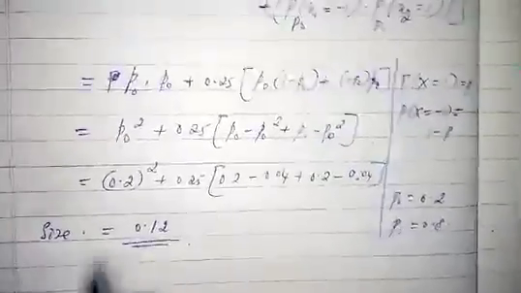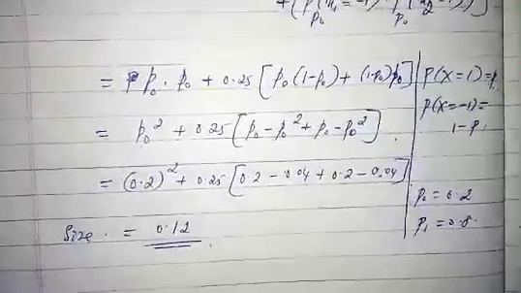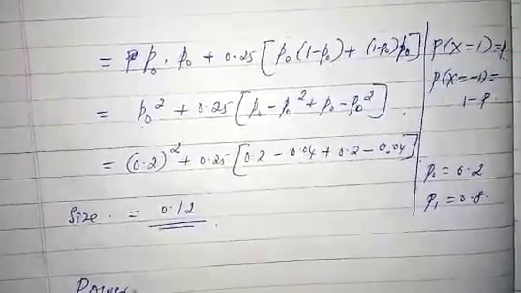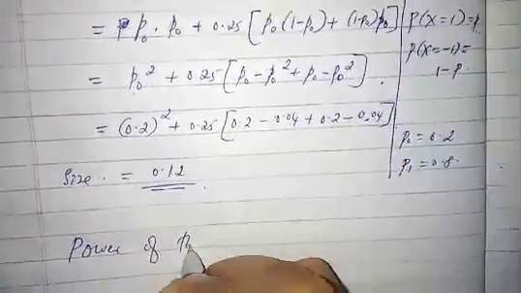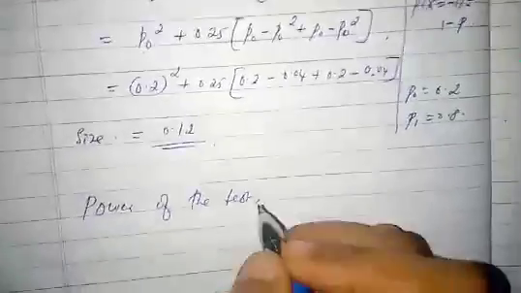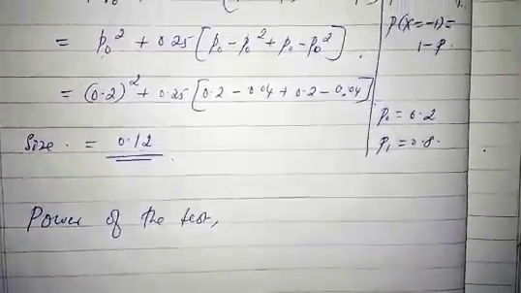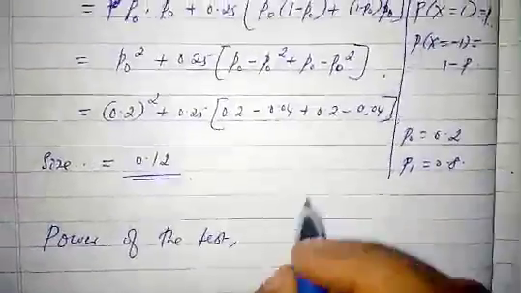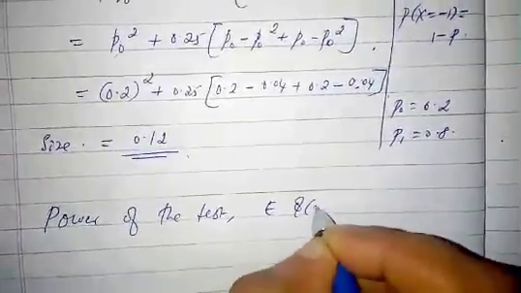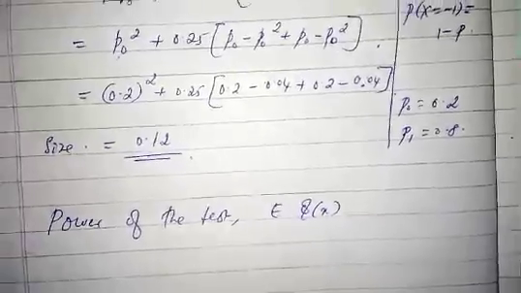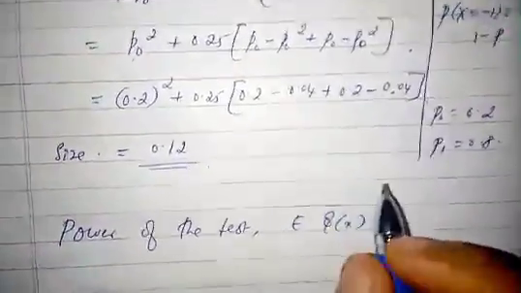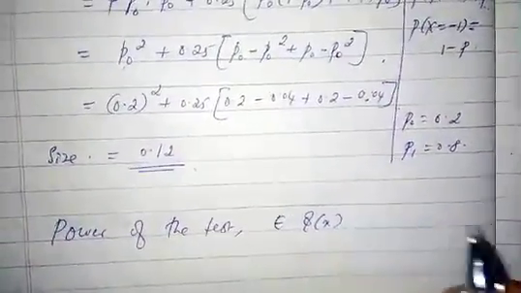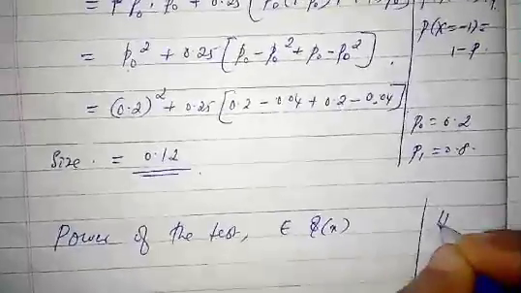Understood? Then we have to find the power of the test. What is the meaning of power of the test? It's the probability of rejecting H naught under the alternative hypothesis, that is, expectation of phi of x under the alternative hypothesis. What is the alternative hypothesis here?